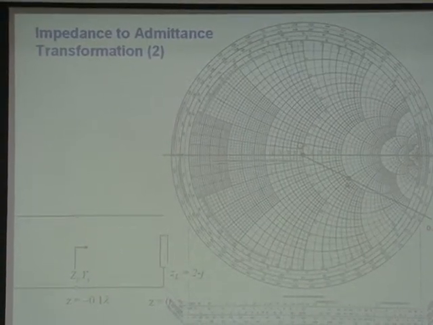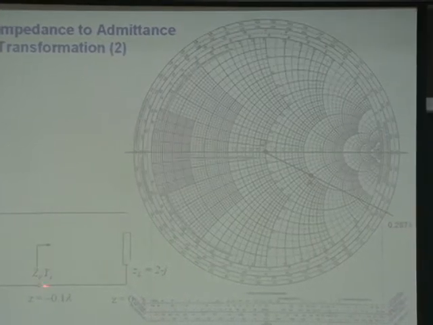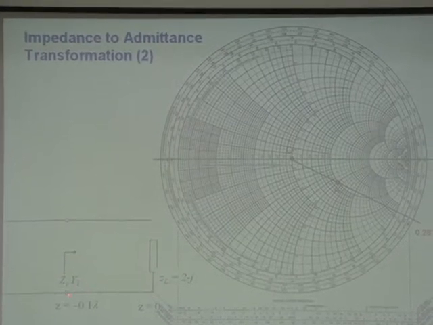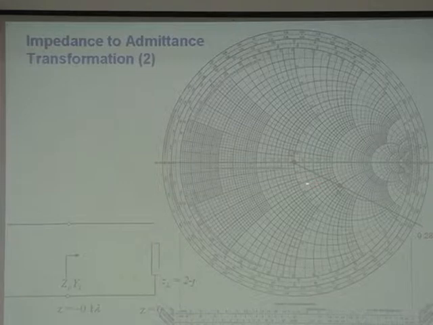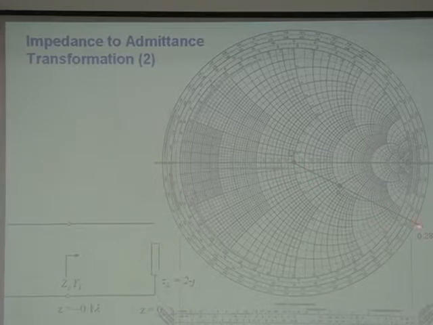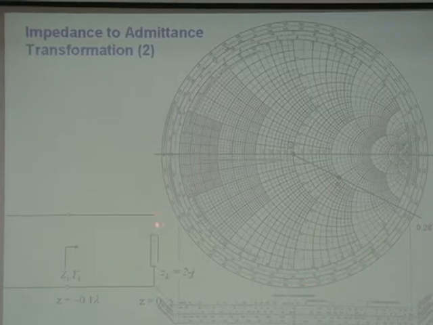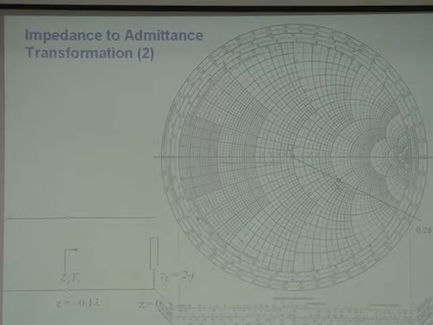Okay, but we are asking for the input impedance at this point, that is 0.1 wavelength from the load toward the generator. Okay, so we have to move this line by 0.1 wavelength toward the generator. So that is a clockwise direction.